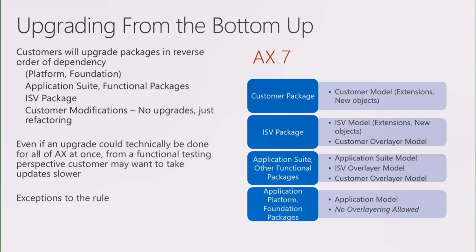And I think the last thing on upgrades is, the bottom line is the more we can keep in extensions and have those extensions in a separate package, the simpler the story will be. Because anytime you put overlayer elements in the application suite, you're impacting the upgrade of the application suite.